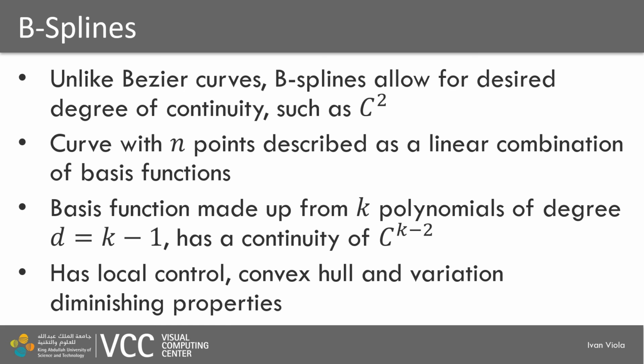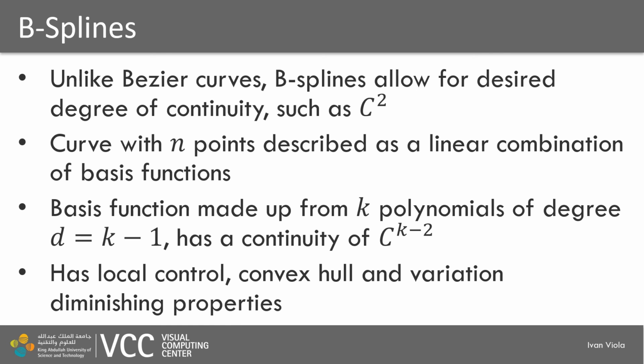And each type of degree will, of course, be affecting a smaller or larger neighborhood of parts of the B-spline, meaning when we are moving a point and editing a point position, which is a control point for linear polynomials, then the effect will be rather small, and if it will be for cubic polynomials, the effect of this editing will be visible on a larger part of the curve.